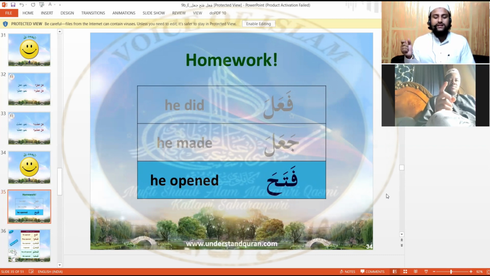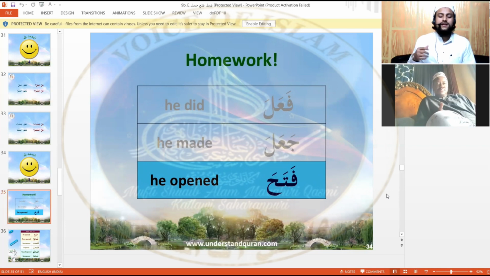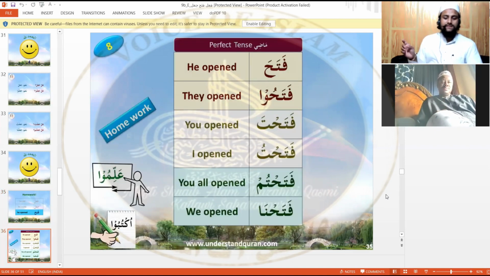Fa is similar to fa'ala, and taha is the two new letters here. Fataha means he opened.